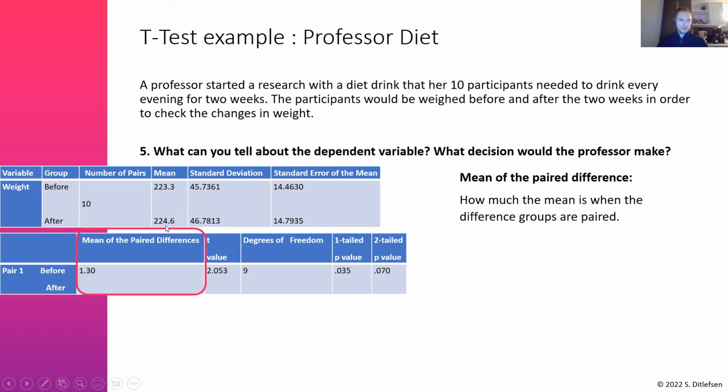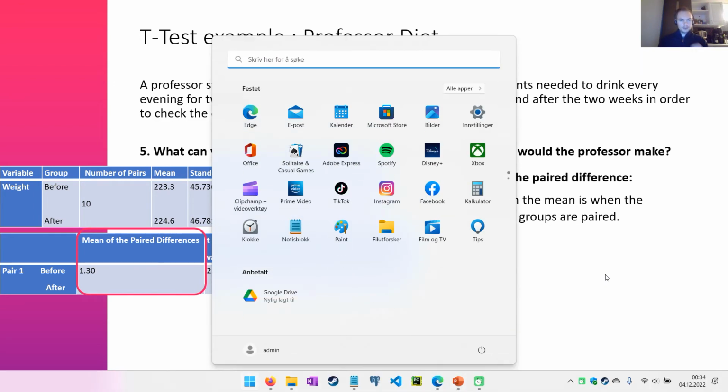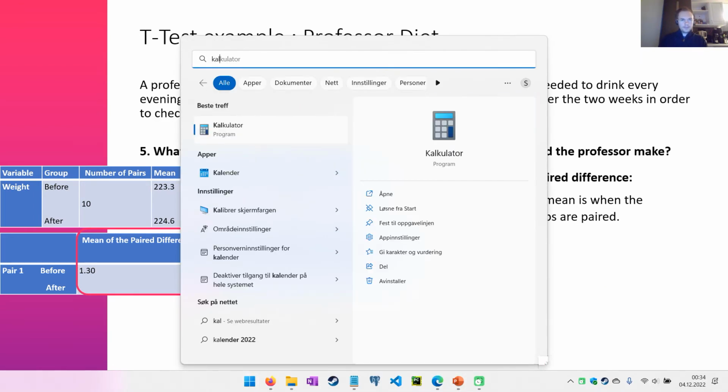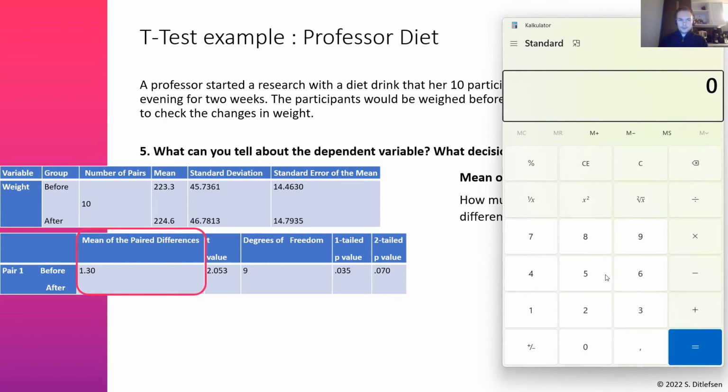So try to take 224.6 minus 223.3, and you will get this number. We will try that one just for fun. 224.6 minus 223.3, 1.3. So the mean of the pair difference.